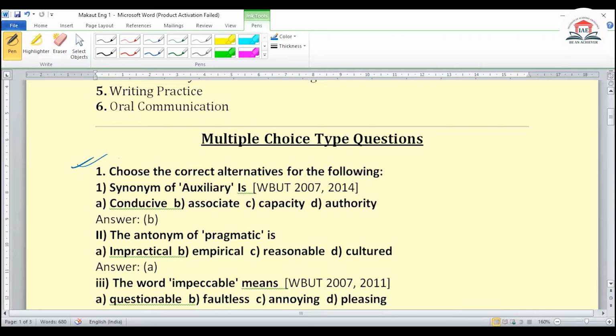Now the word impeccable means what? Questionable, faultless, annoying, or pleasing. Which one is the answer? Pragmatic, impractical. Pragmatic, it is an antonym.